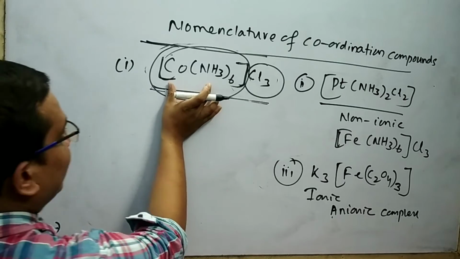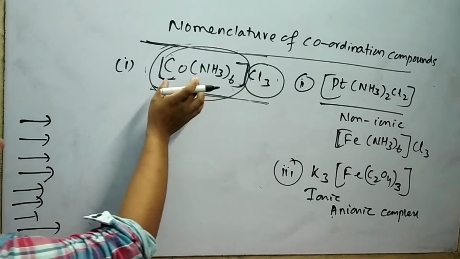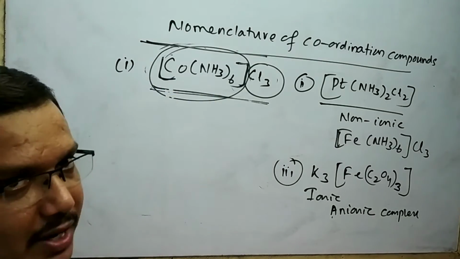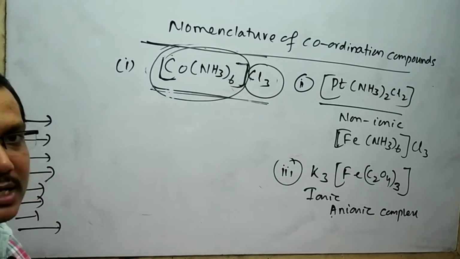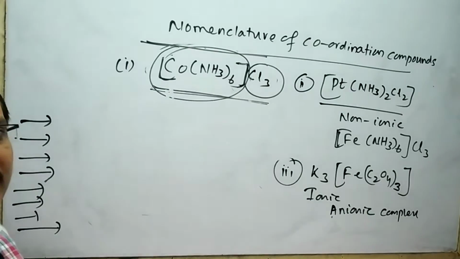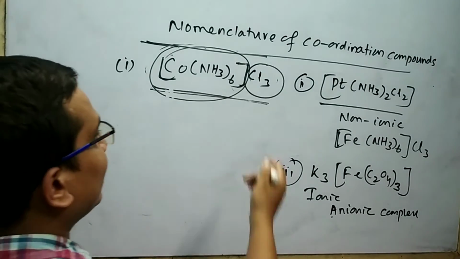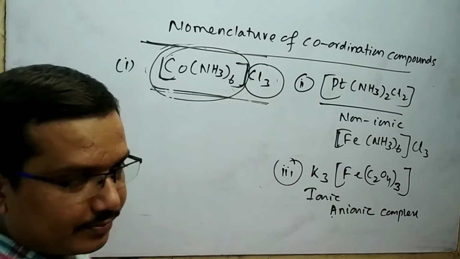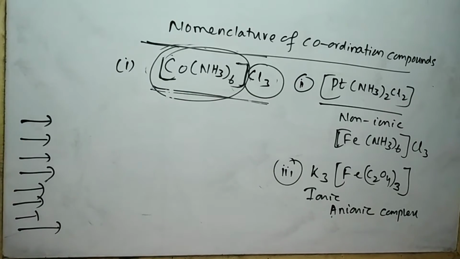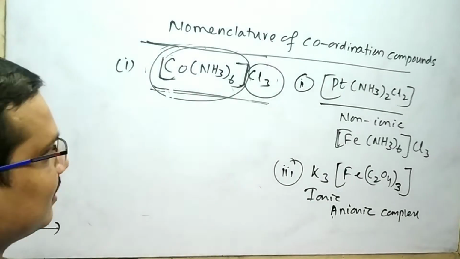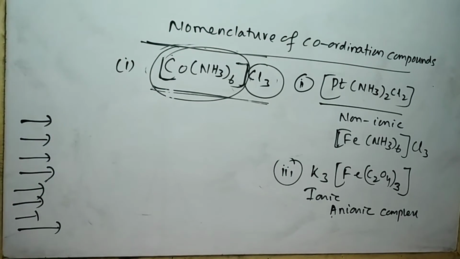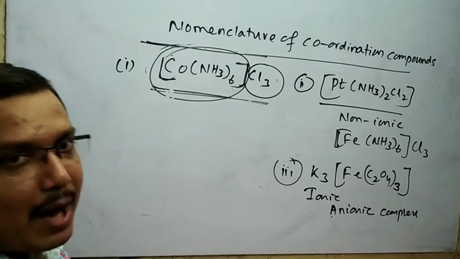This is your coordination sphere part. That means in the coordination sphere part, the name of the ligand is written first, then the name of the central metal atom or ion, then the oxidation state, then the counter ion. Here the ligand is NH3. This belongs to an exceptional case. That means here I can write amine.